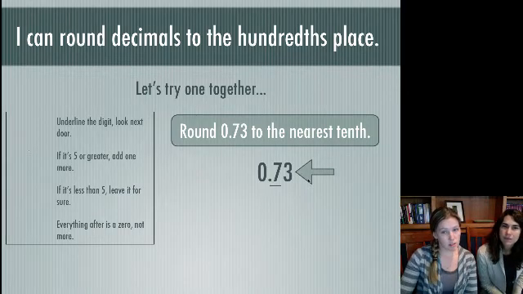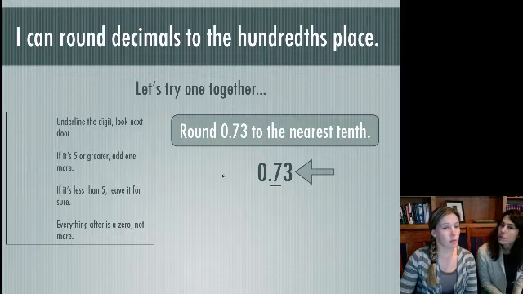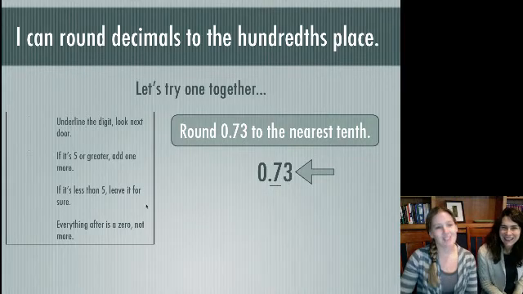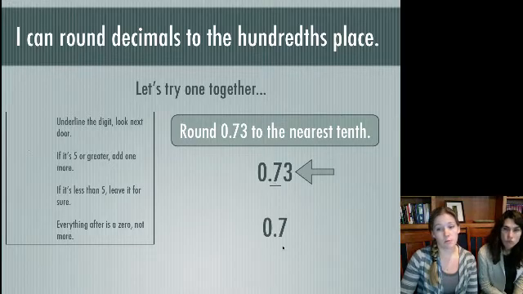So I underline my digit, look next door, I look at the next number. If it's 5 or greater, add 1 more. Is a 3 greater than 5? No. So now I'm going to continue on with the poem. If it's less than 5, leave it for sure. When it says leave it, that means the number that's underlined. Since the 3 is less than 5, we're just going to leave that 7 alone.